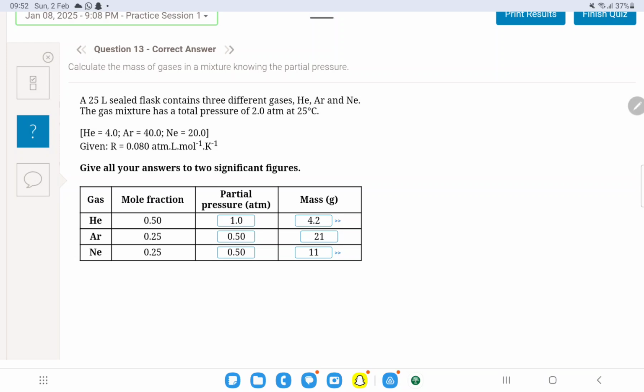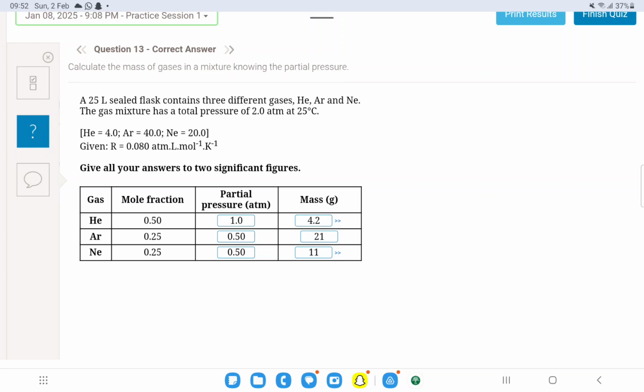A 25-liter sealed flask contains 3 different gases, He, Ar, and Ne. The gas mixture has a total pressure of 2.0 ATM at 25 degrees Celsius. They want the partial pressure and the mass. So first we need to find the moles of each of them.